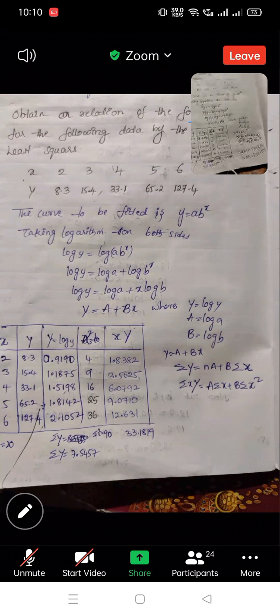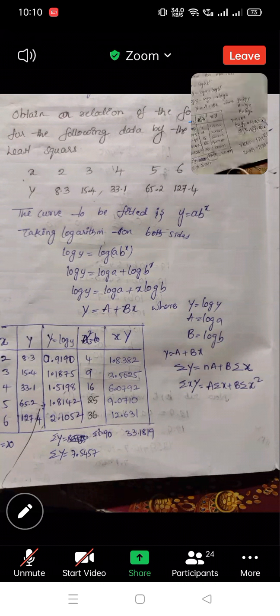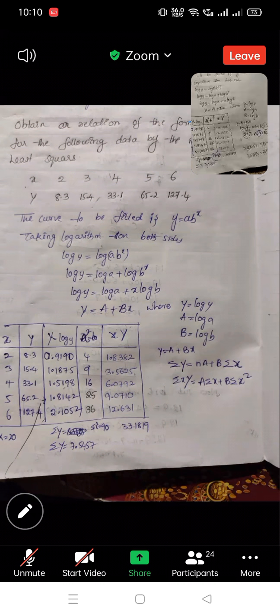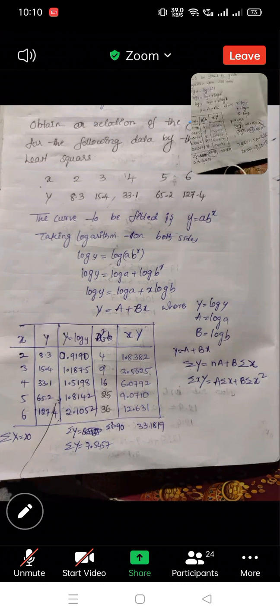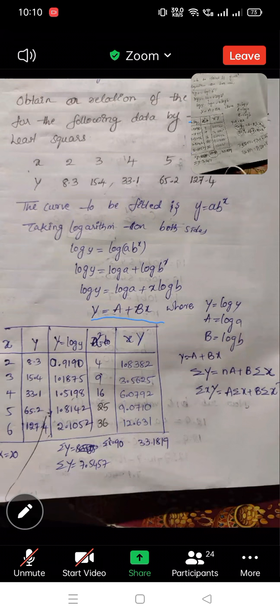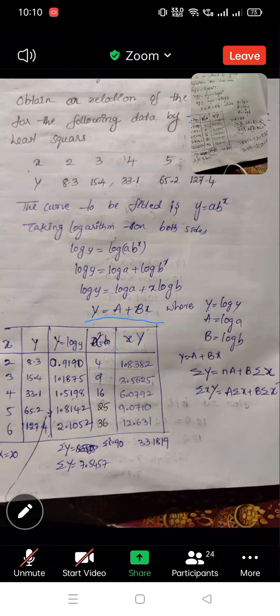Log y equals log of AB whole power x. So log y equals log A plus x log B. Here we will get y is equal to a plus bx. Here I am taking capital Y as log y and capital A as log A and capital B as log B.